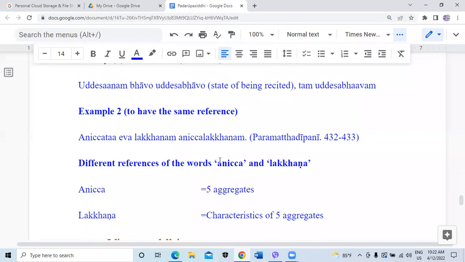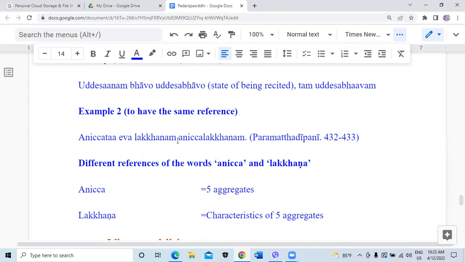In this case, what is different is anicca refers to five aggregates, but does not refer to characteristics. You see, it does not refer to characteristic.